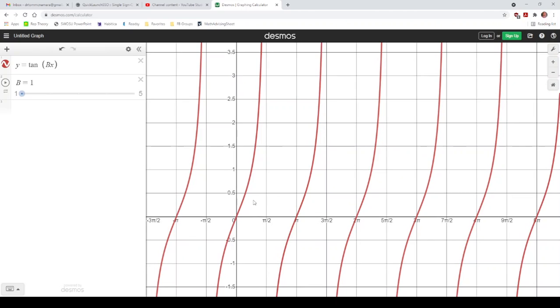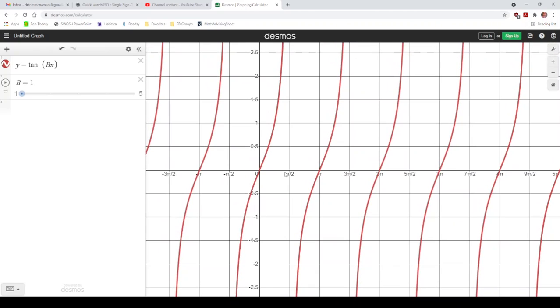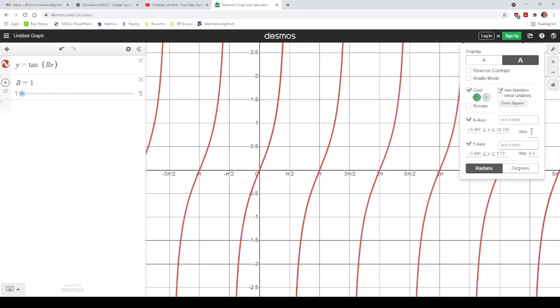Now you'll remember the tangent function actually has a different period. The tangent function has period pi, and it completes one full cycle between -pi over 2 and pi over 2. Let me adjust the settings on my window a little bit here.